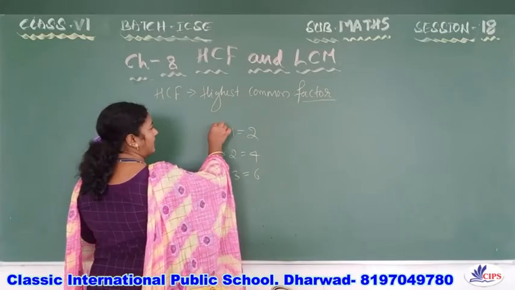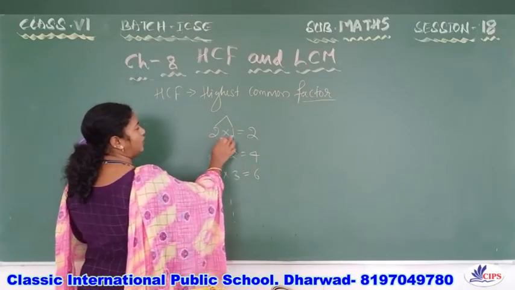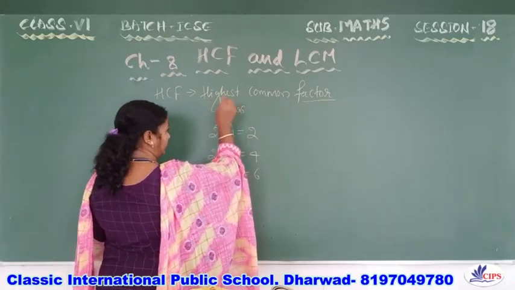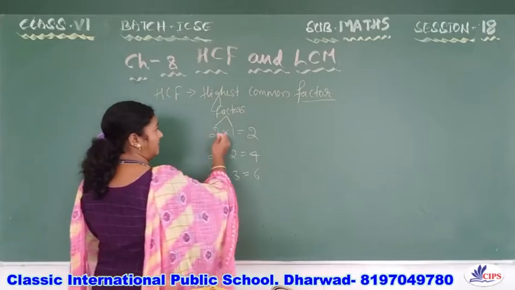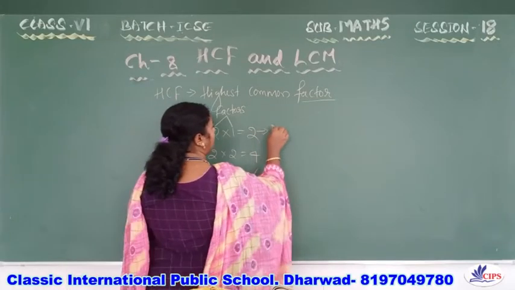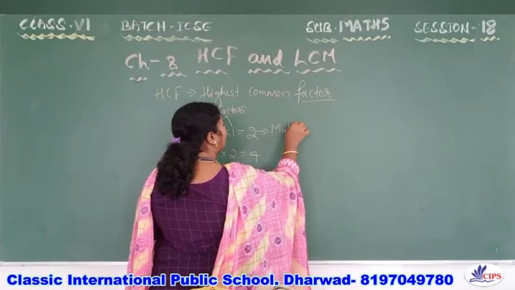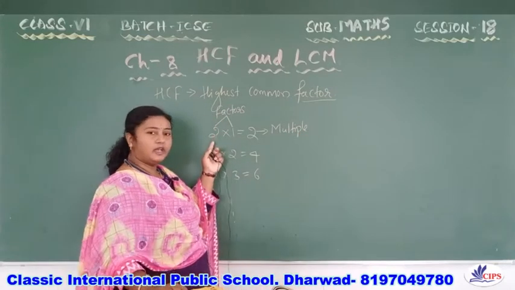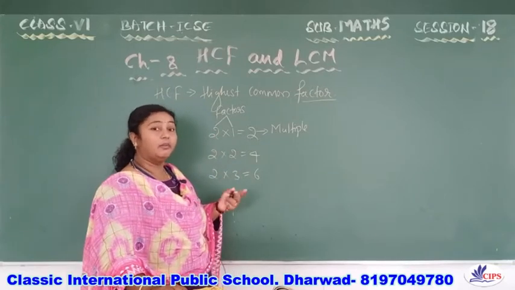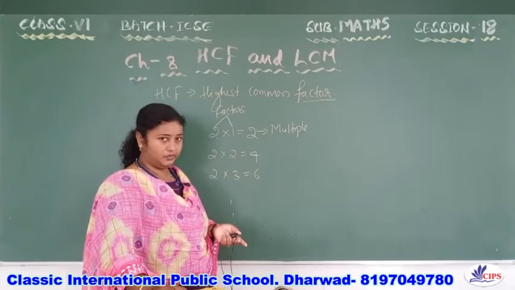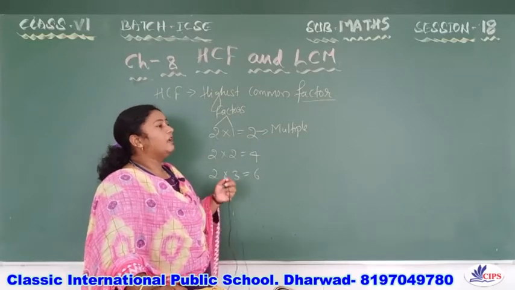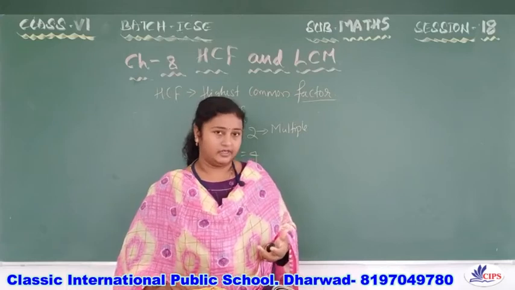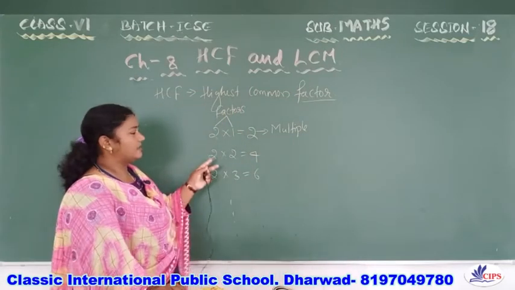The two numbers which are multiplied are called factors, and the product we get after multiplying them is called a multiple. In simple language, factors are the numbers which divide a given number completely without any remainder, or factors are the numbers which are there in the table. So this is all about factors and multiples.